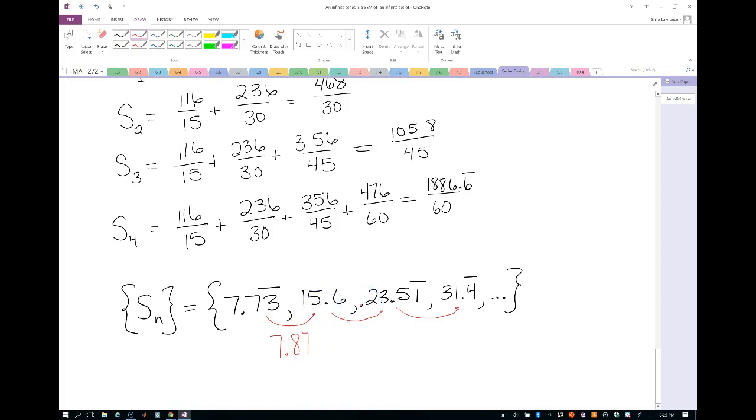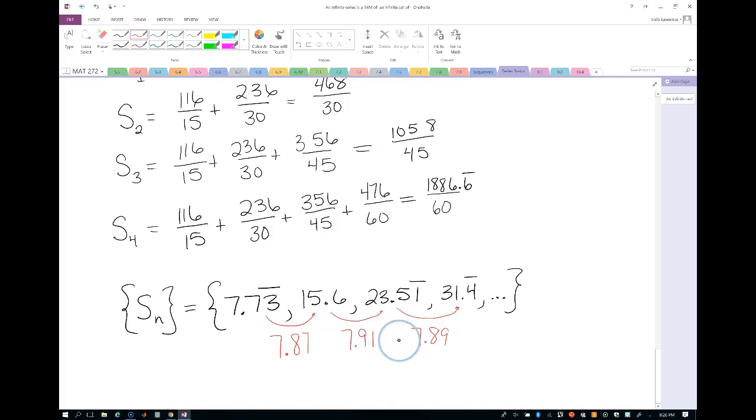For 15.6 to 23.51, we've got 7.91. And then 31.4 repeating minus 23.51 repeating, we've got 7.89.